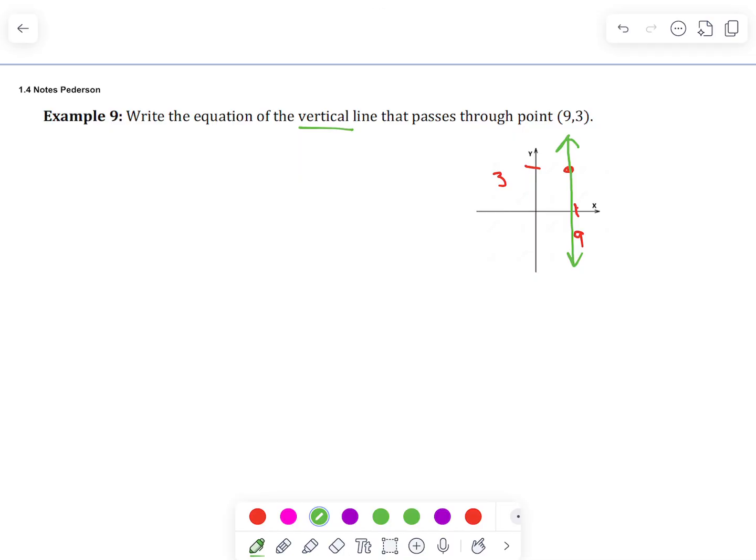And what is that equation? That equation is x equals 9. And that ordered pair is 9, 3. And remember, its slope will be undefined.